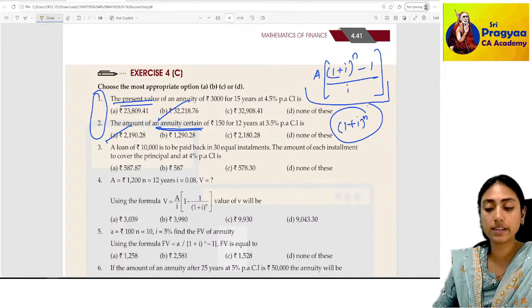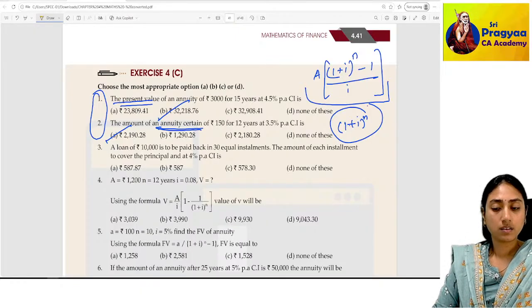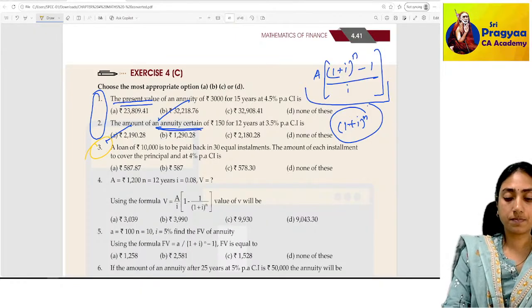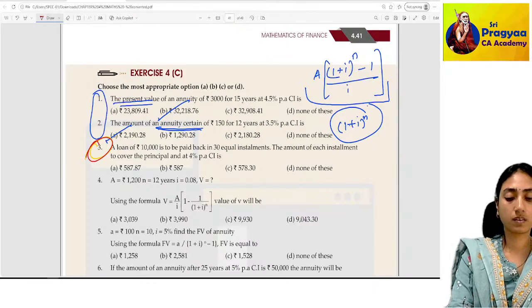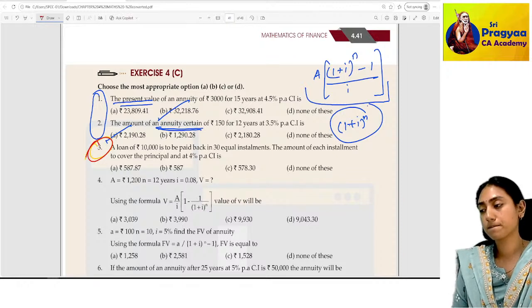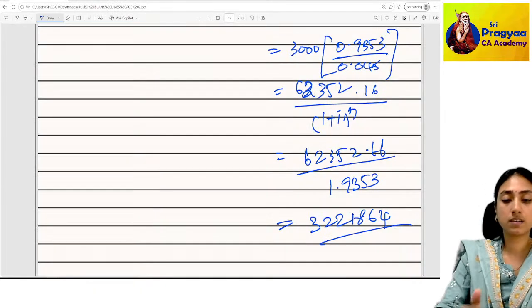Third sum. How do I calculate EMI? What is given?